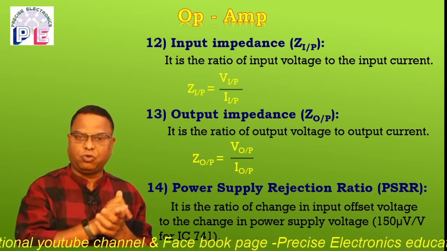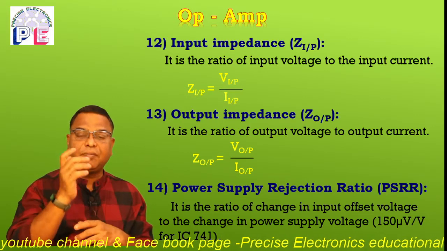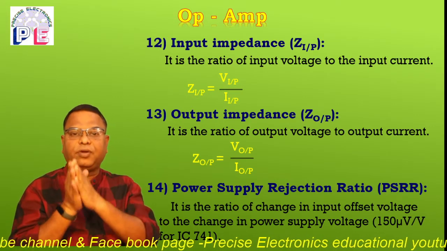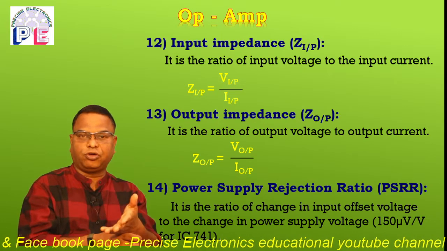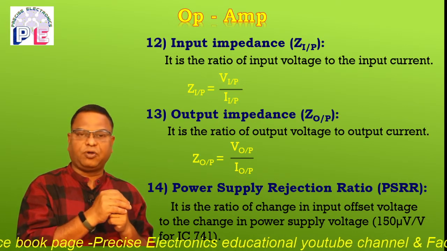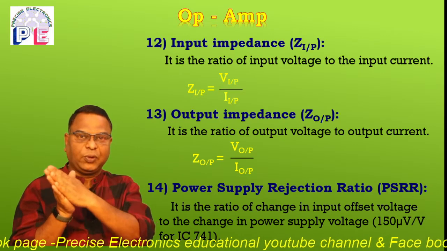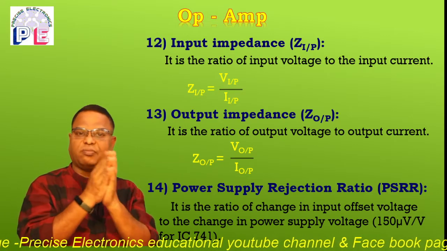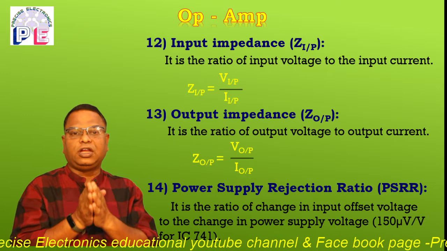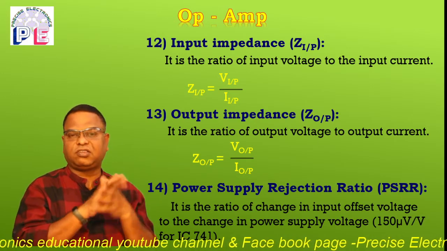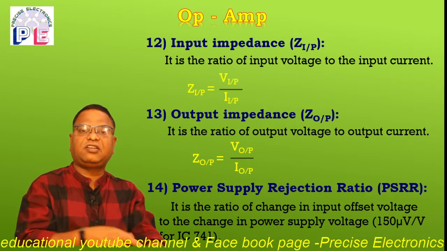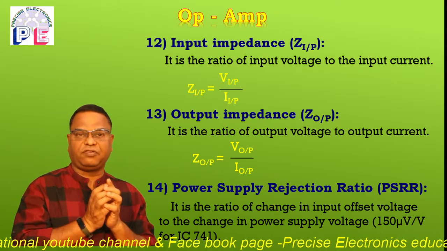It is the change in input offset voltage for the change in power supply voltage, which lies between plus minus 10 volt and plus minus 18 volt. So it is given as 150 microvolt per volt for IC741. So friends, these are the parameters of the operational amplifier.